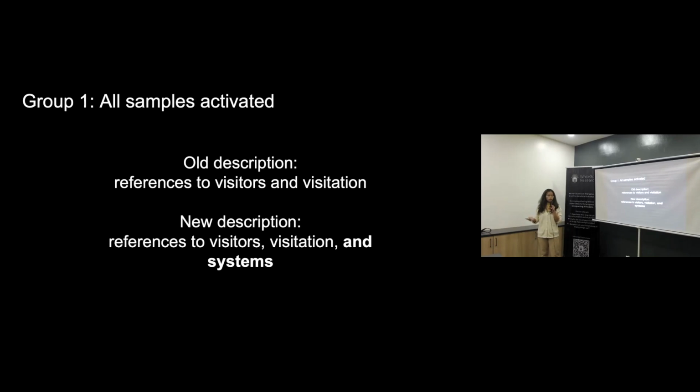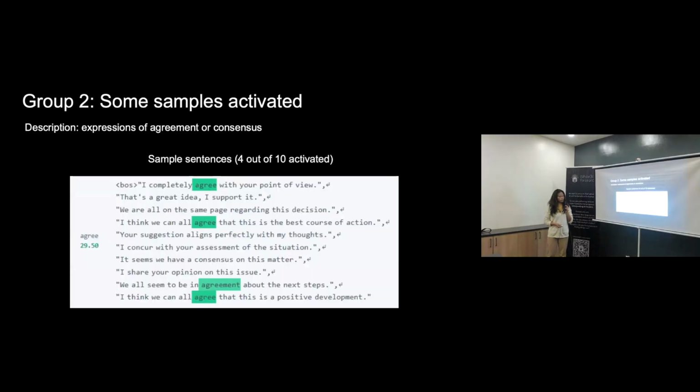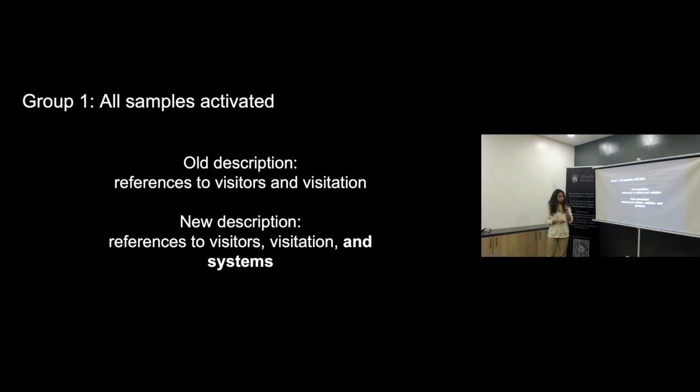What I didn't mention is the old description was generated using an LLM also. And the new description becomes: it's not only a reference to visitation, it also references systems for some reason.